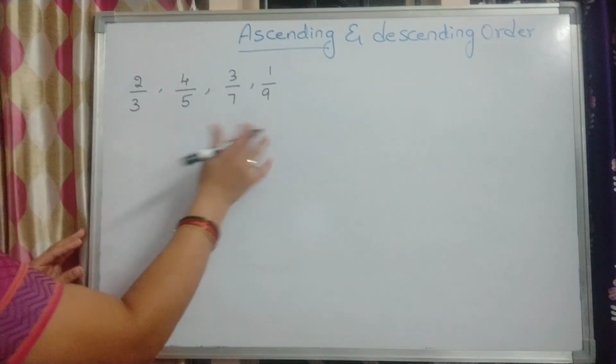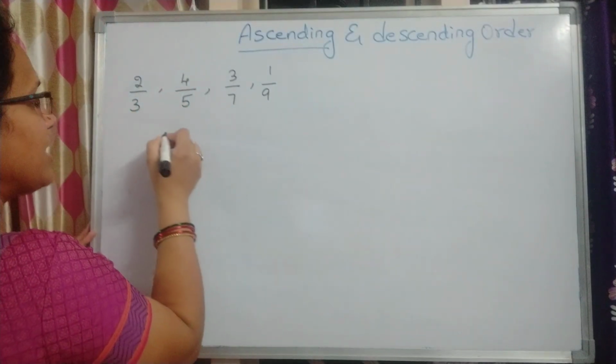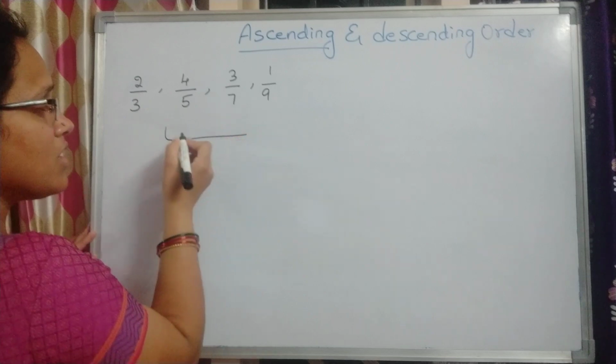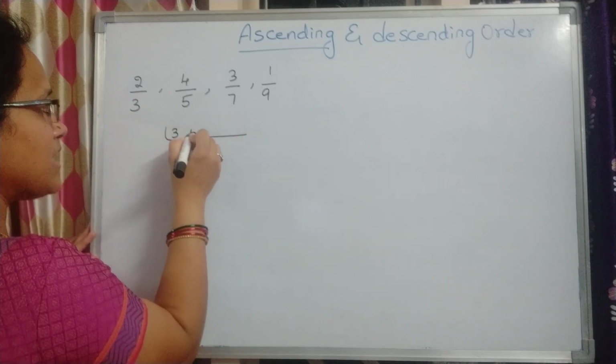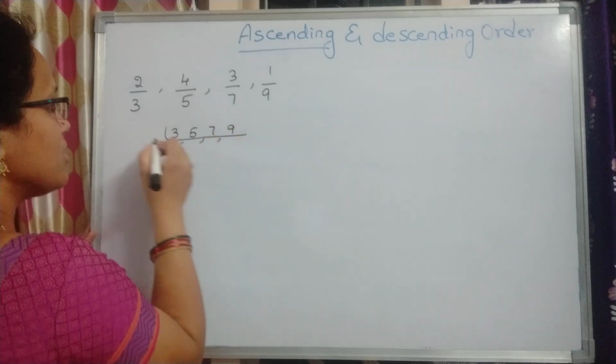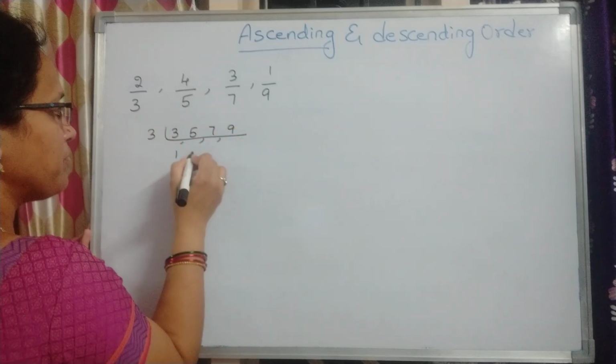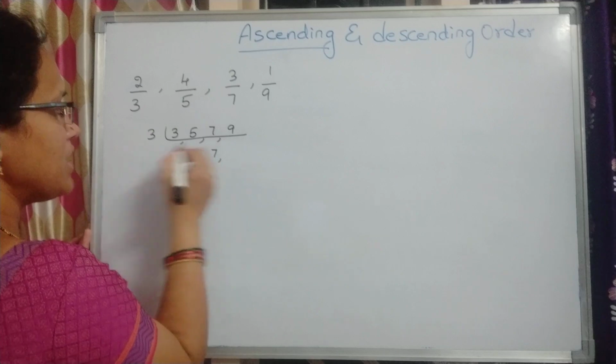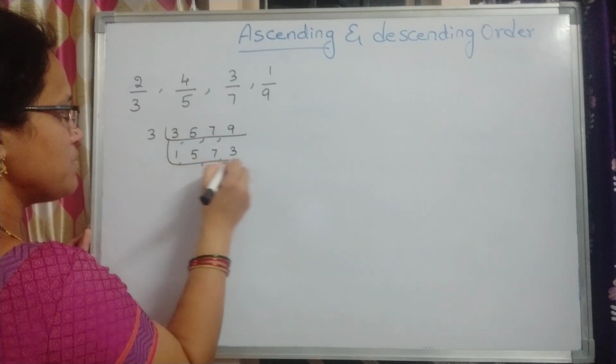Right. So as they are different, take the LCM of all the numbers. LCM is taken in an elongated L: 3, 5, 7 and 9. Let me take the 3 table one time. So 5 remains, 7 remains, and 9 goes 3 times.